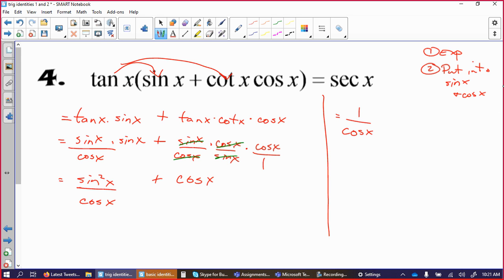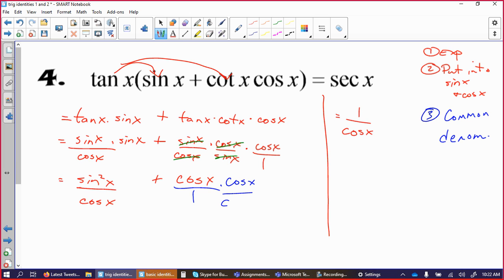My third step, and I'm just going to change color here, I've got a sum. I want a common denominator, so I need to multiply. My common denominator here is going to be cosine, because that's what one of them is.